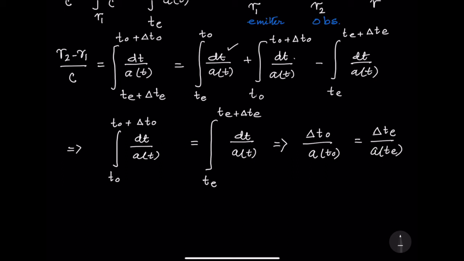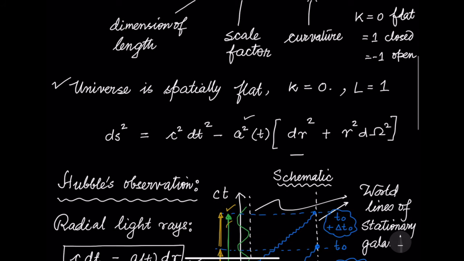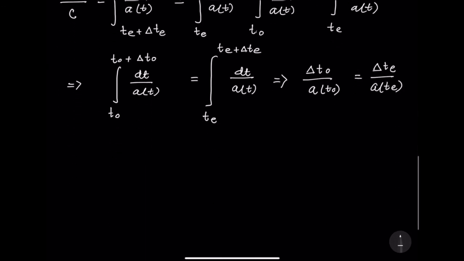Okay. Now, A as a function of T is just a function. And remember that I have to choose the length scale for r. So I can choose the length scale such that whenever I measure the distance between two galaxies today, I call that to be the distance dr. At a different time other than today, this entire distance given by these two quantities will be different, but dr will remain the same, which means at present I am choosing A to be 1, and that's a customary choice.